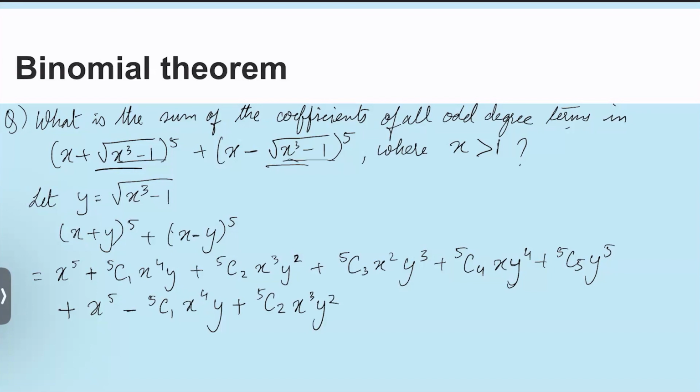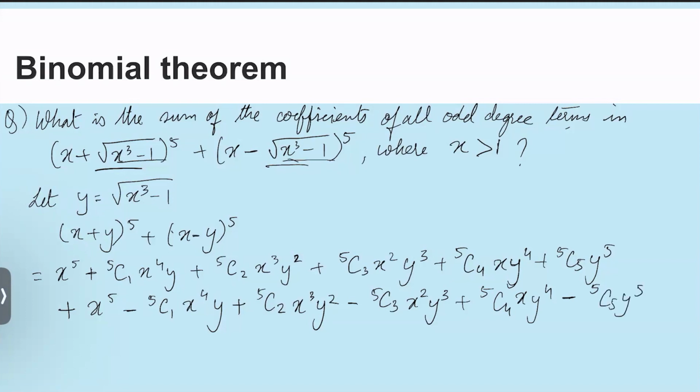And then again you will have an odd power for minus y, so you will have minus 5C3 x squared y cubed plus 5C4 x y raised to 4. And then again minus, since we have y raised to 5, 5C5 y raised to 5.